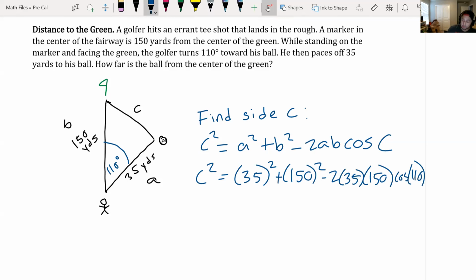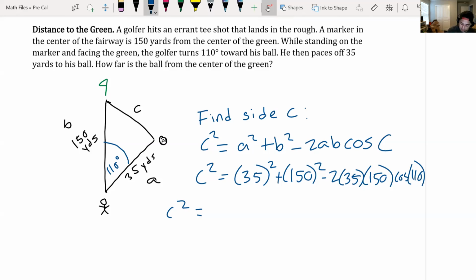Okay, and plug it in. 35 squared plus 150 squared minus 2 times 35 times 150 times the cosine of 110.